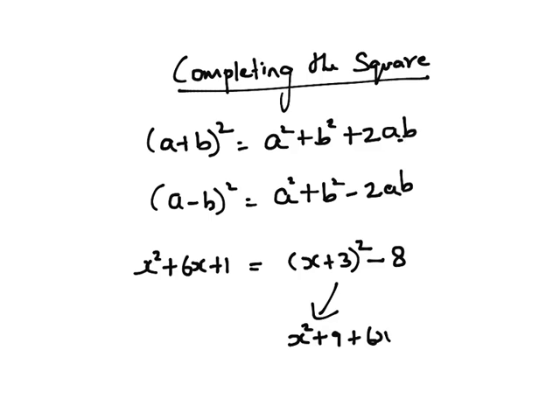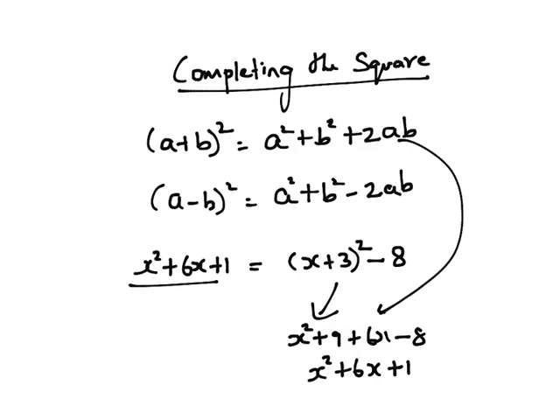So I've used this formula, minus 8, which is nothing but x squared plus 6x. Now 9 minus 8 will give you plus 1. So again, as you can see, x squared plus 6x plus 1 can be written like this.